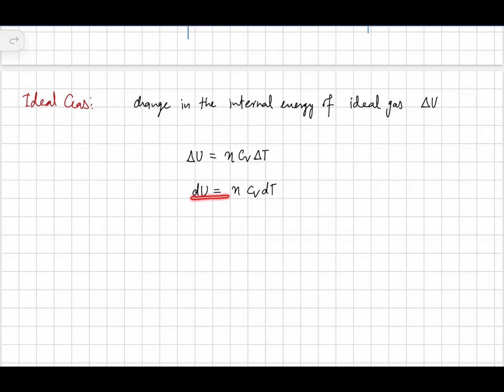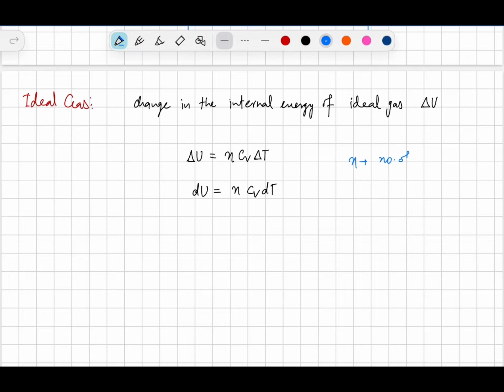D is used for the infinitesimal, and delta is used when the change is not infinitesimal. And you should remember the meaning of n here: number of moles.